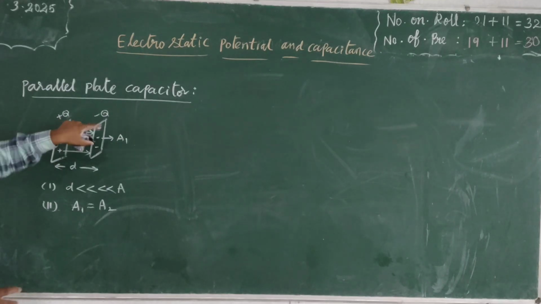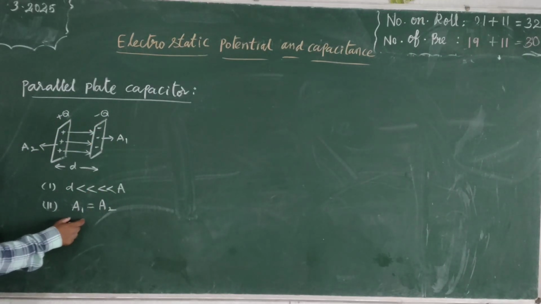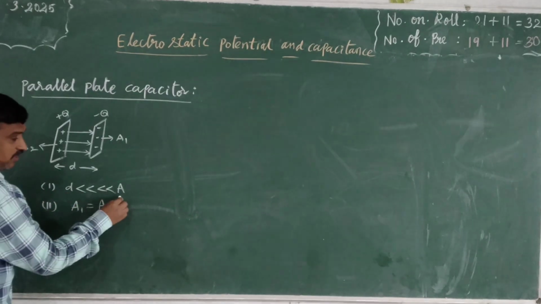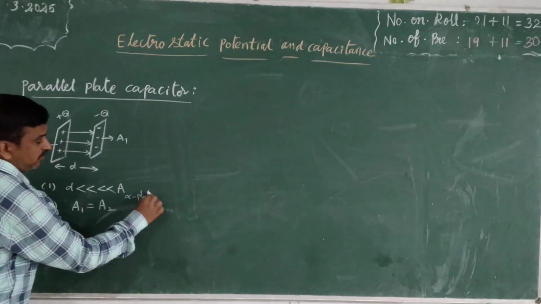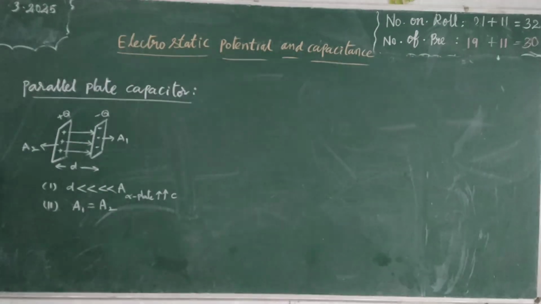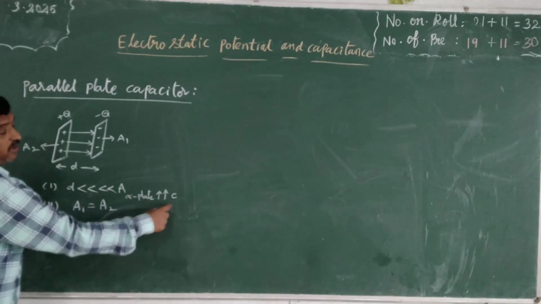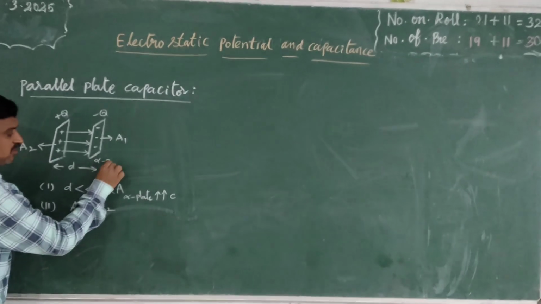So d is very much less than A, and A1 equals A2; these two conditions are satisfied. When d is very much less than A, it behaves like an infinite plate. Whenever it behaves like infinite, the capacitance increases. The smaller d is, the more the capacitance increases. Now, why can we say it behaves as an infinite plate?